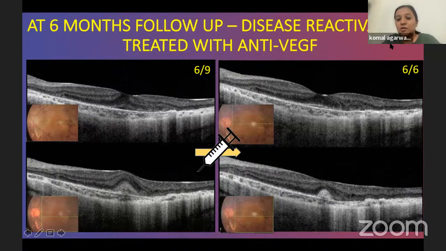Because these cases are so rare, the dystrophies itself are so rare to present, and a dystrophy complicated with CNVMs again is a more rarer entity. I would really love to combine our cases and probably put it out as a publication from the young ophthalmologists, and how their experience has been on treating these cases.